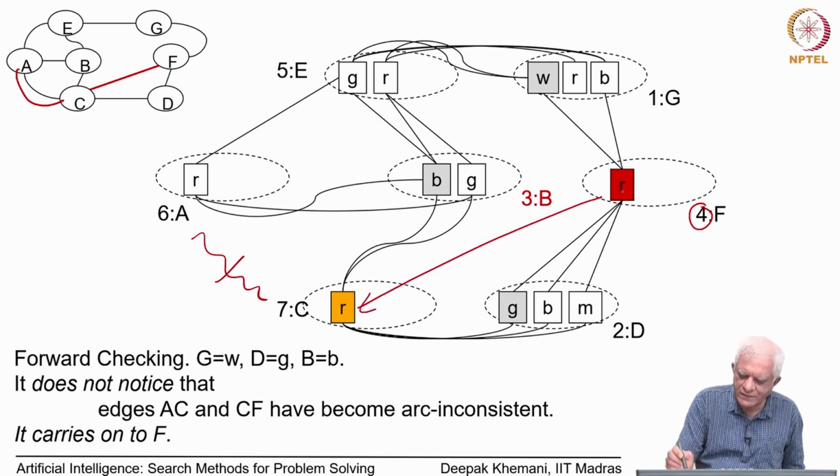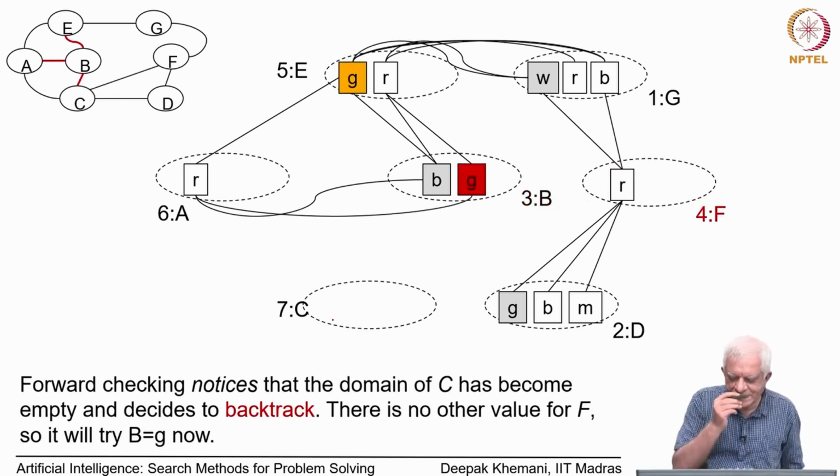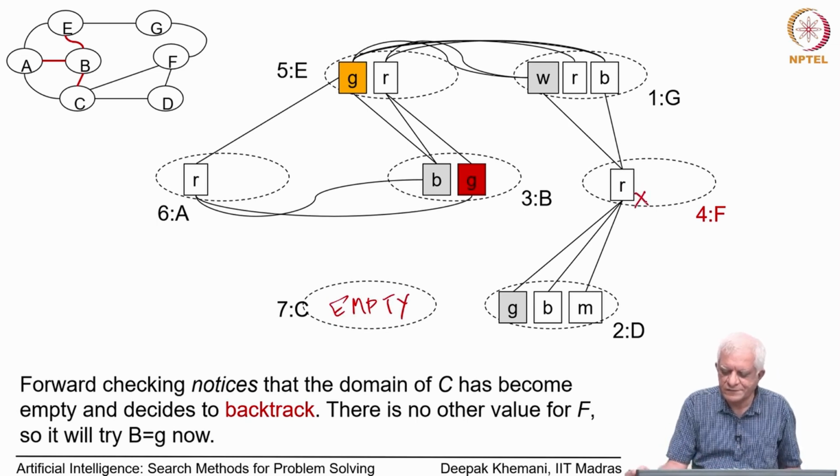If we are going to choose R for F, then because F is connected to C, we cannot keep R in the domain of C, even though C is the seventh variable. It deletes that, and it notices at this point that this domain has become empty, and it backtracks. It says that we cannot give this value of R to F.